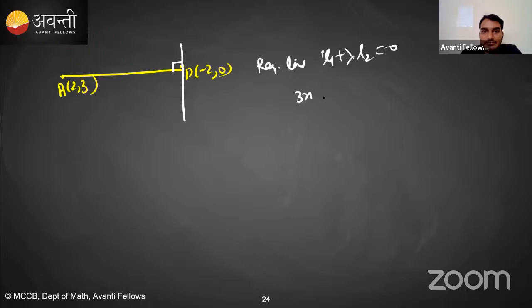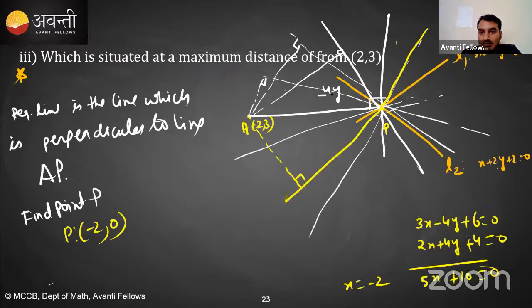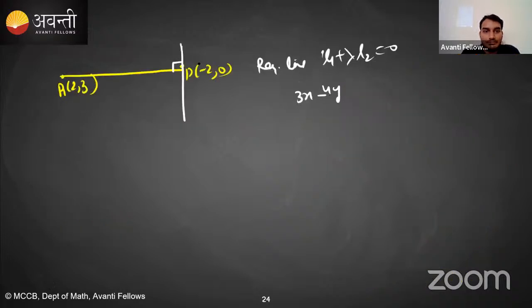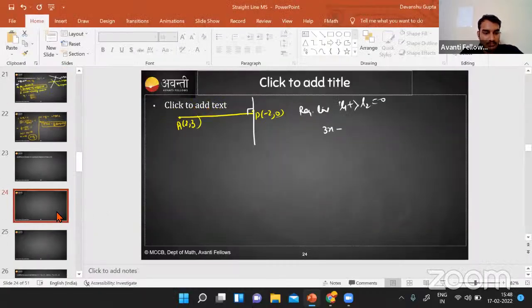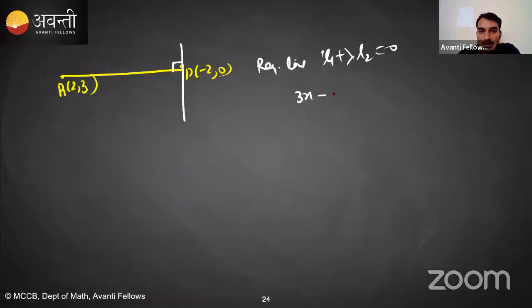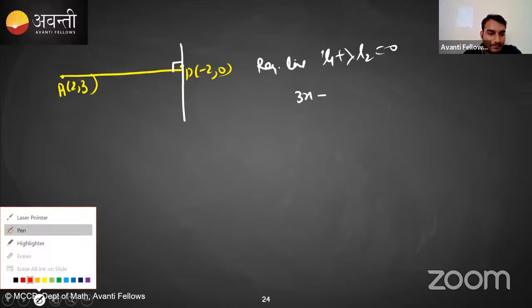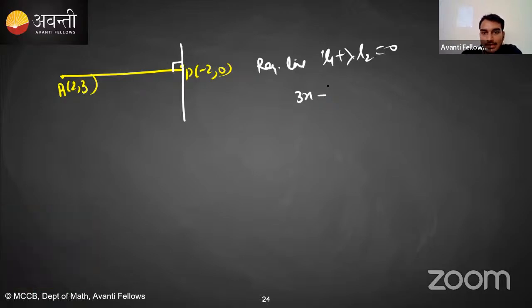So 3x minus 4y plus 6 plus lambda times (x plus 2y plus 2) is equal to 0.